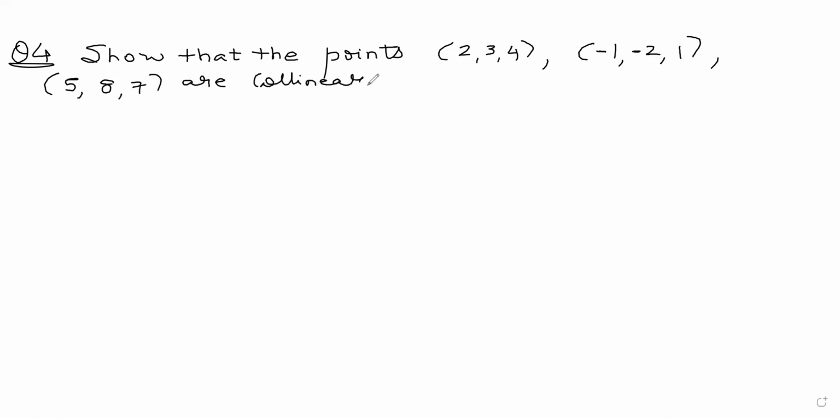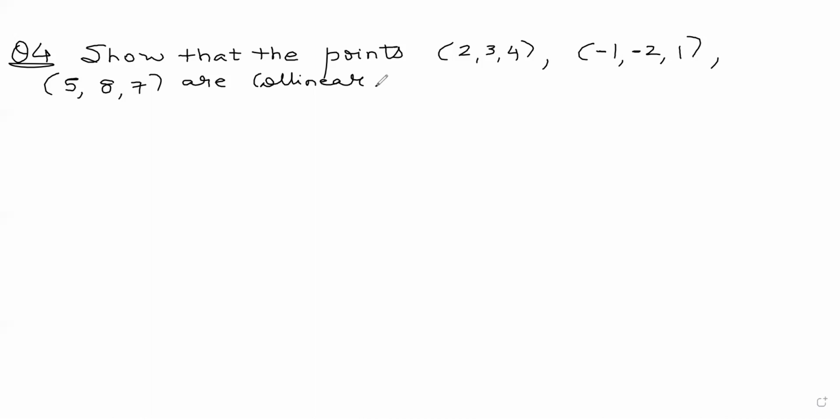Now guys, there are various methods to show collinearity. In my lectures on vector algebra also, all of you could see how we used to show collinearity. We were given 3 points, we used to find 3 vectors, and we used to show that magnitude of one vector is equal to sum of the magnitude of the other 2 vectors. Even that method was fine.